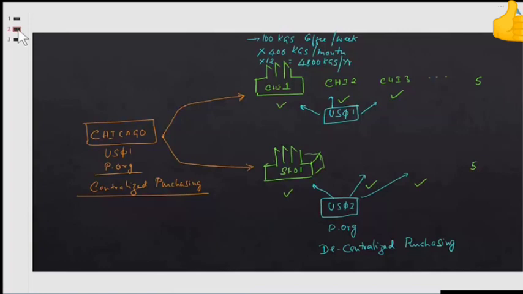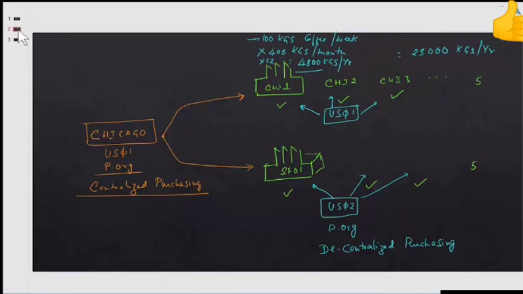Now if I have 5 plants like that, I'm going to say it's going to be roughly around 25,000 kilos per year, right? That's not a small volume, but 4,800 might not be such a big volume, right?